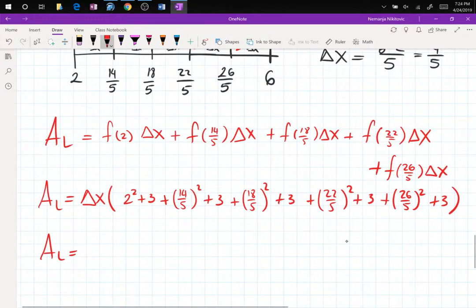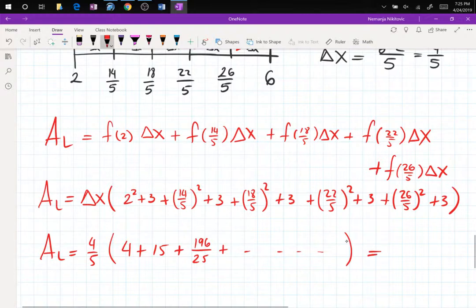Left is delta x, which was 4/5, and now over here I have 2 squared is 4 plus 1, 2, 3, 4, 5, right? That's a 5 times 3 is 15 plus, and now 14 squared is 196 over 25 plus, and just get these and it equals a number.